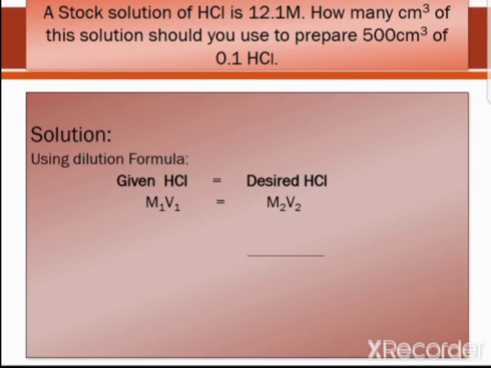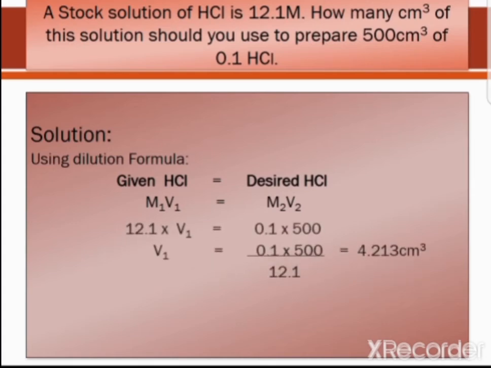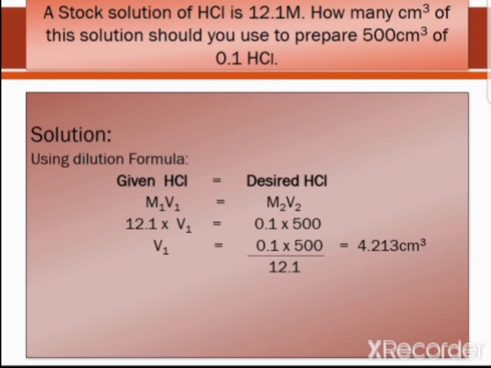Solution. Now by using the dilution formula, M1V1 is equal to M2V2. M1 is 12.1. V1 is the volume of HCl which is to be taken. M2 is 0.1 into V2 which is 500.